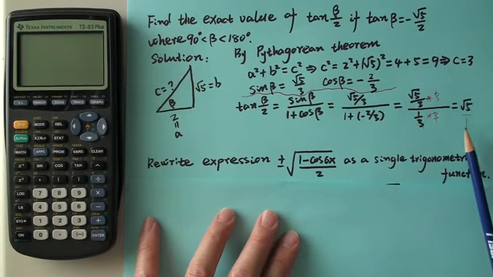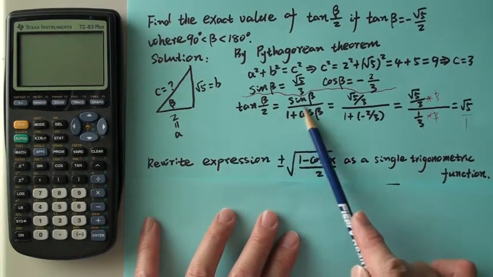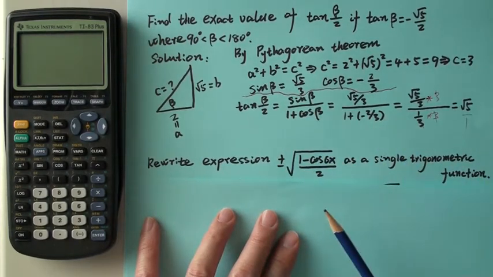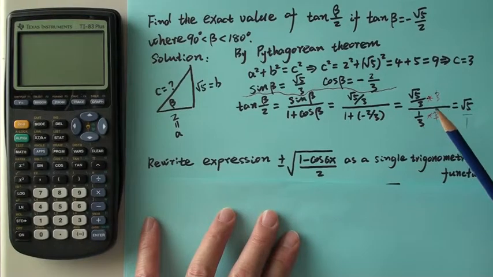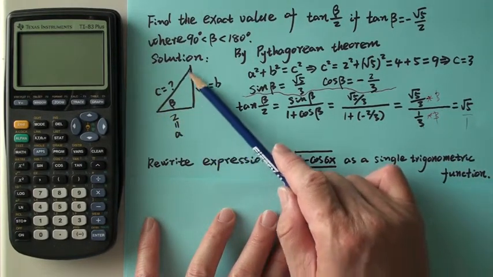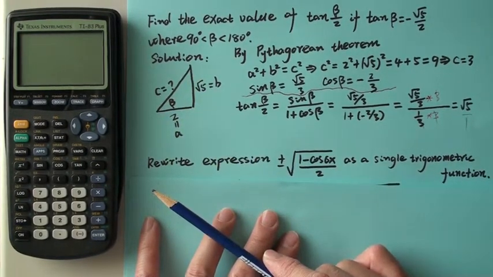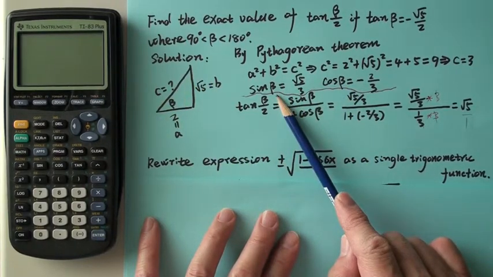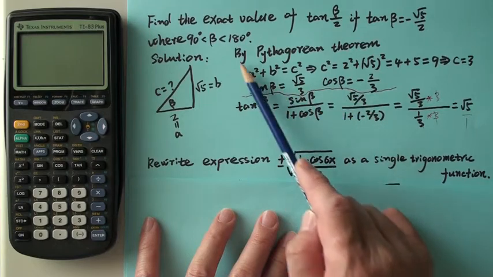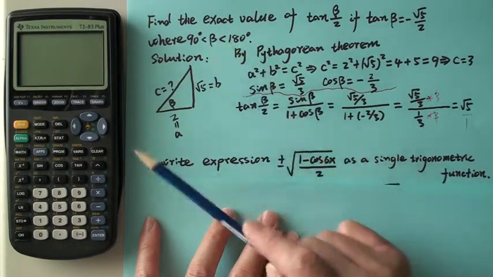So we don't have to write 1. Okay, that's the half angle formula. When we find this, there are 2 steps. This is a very good technique to find c, and then write sine beta and cosine beta based on their quadrant.